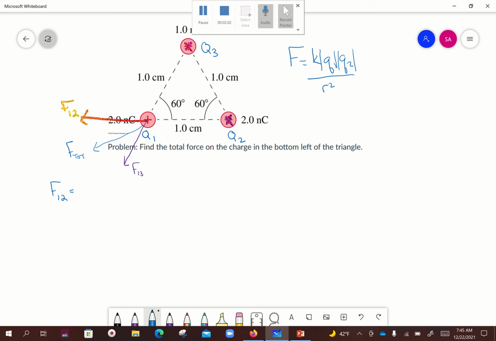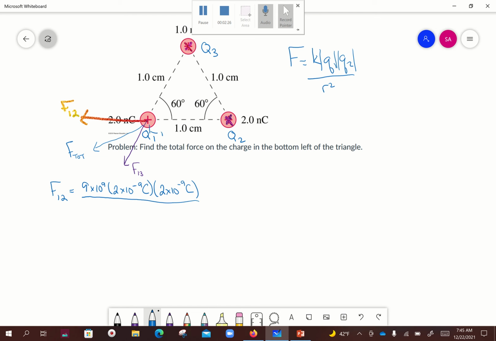So k is 9 times 10 to the 9. Q1 is 2 nanocoulombs, so 2 times 10 to the minus 9 coulombs. Q2 is 2 times 10 to the minus 9 coulombs. Because these are positive, I didn't have to flip their signs. And then the denominator is the distance between those two charges.